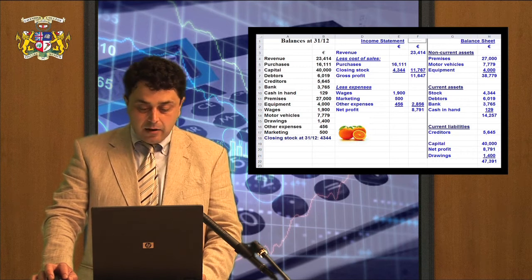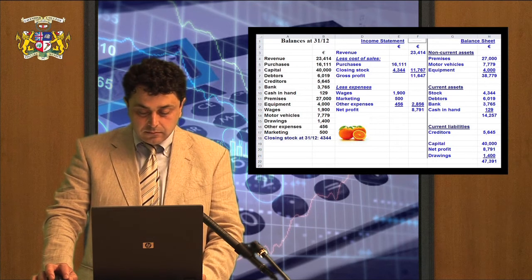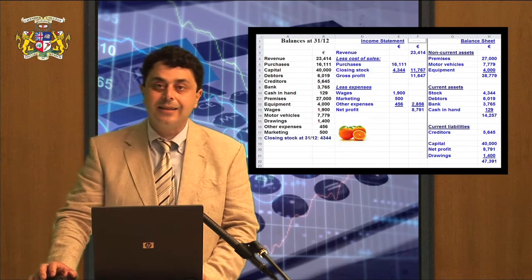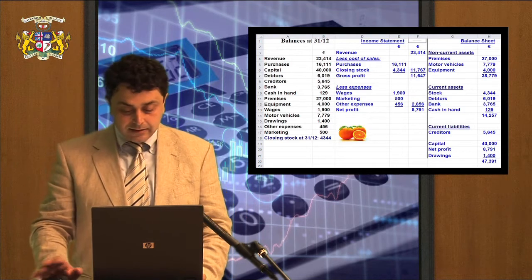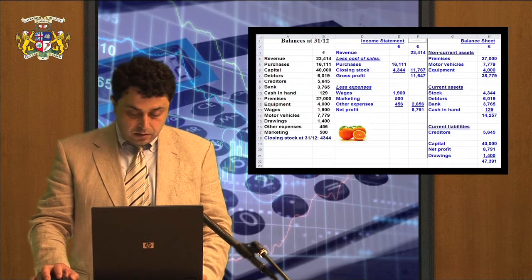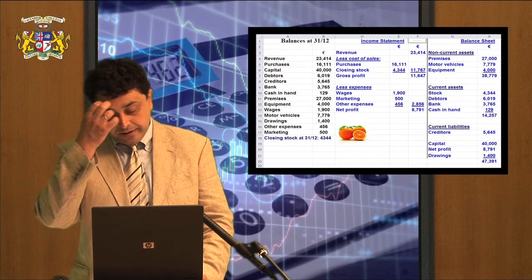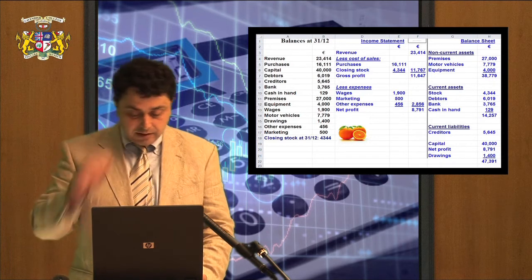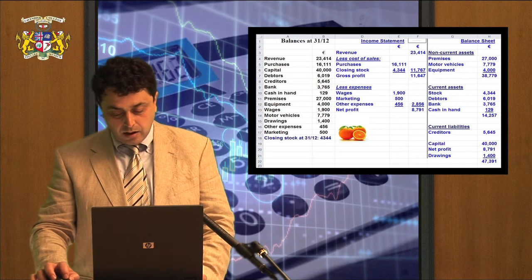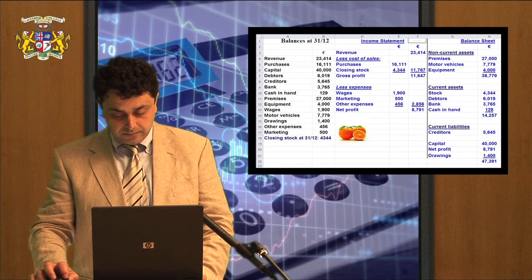The next step now is to calculate the gross profit, which represents the profit from simply buying and selling oranges. To find your net profit or net loss for the year, you deduct the other expenses from the gross profit.